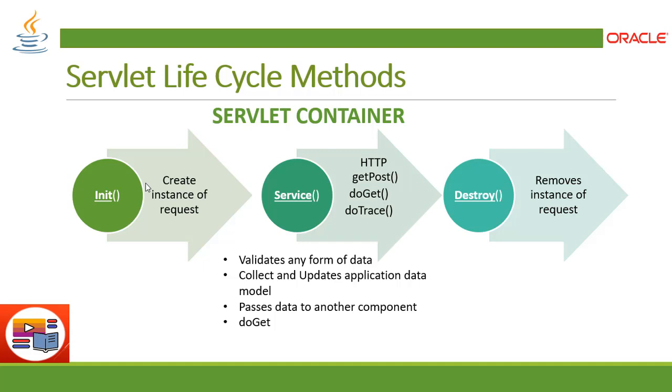Since it is web application development, you can have the HTTP request. After creating an instance of the HTTP request, the thread passes it to the service method, which is actually the main method where we write down the complete logic. What do you want to do in the server?